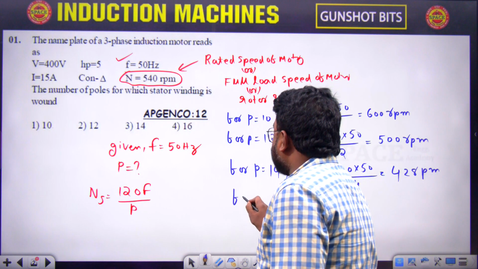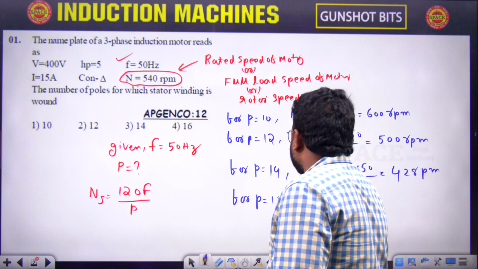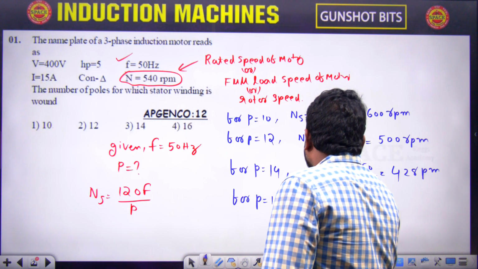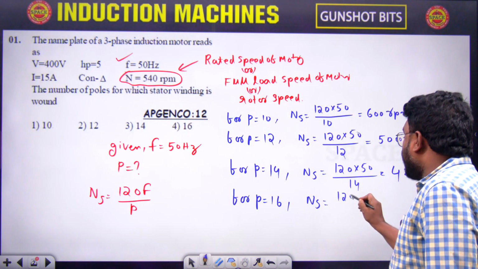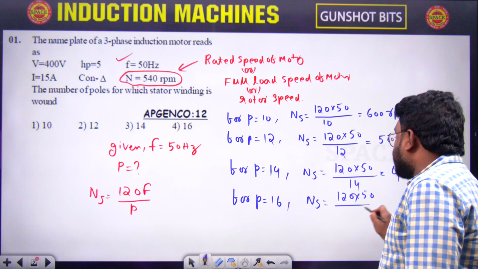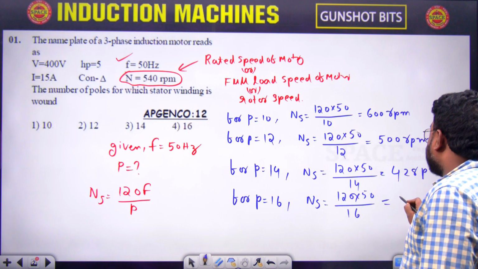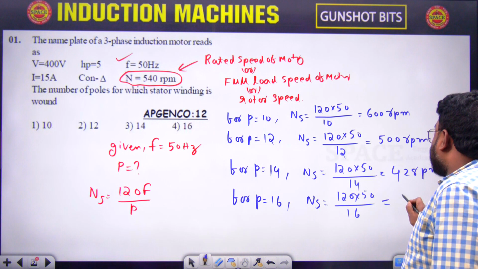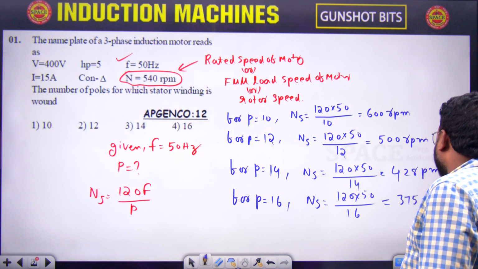Now for P equal to 16 poles, the synchronous speed is equal to 120 into 50 divided by 16, which is equal to 375 rpm.